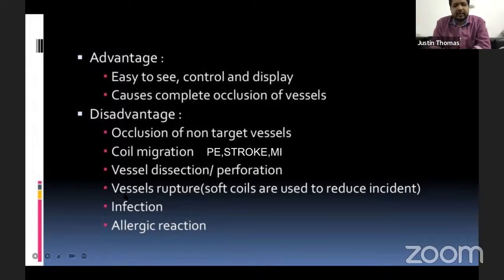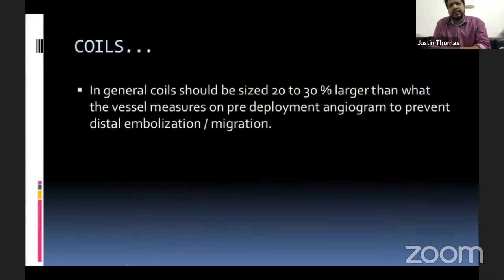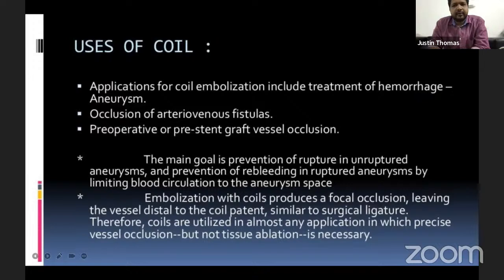Then there is a chance of dissection, perforation, and vessel rupture, and infection and allergic reactions are reported rarely. So to occlude a vessel, the coil should be sized 20 to 30% larger than what the vessel measures on the pre-deployment angiogram. So coils are mainly used for embolization, including treatment of hemorrhage and aneurysms, and also AV fistulas.